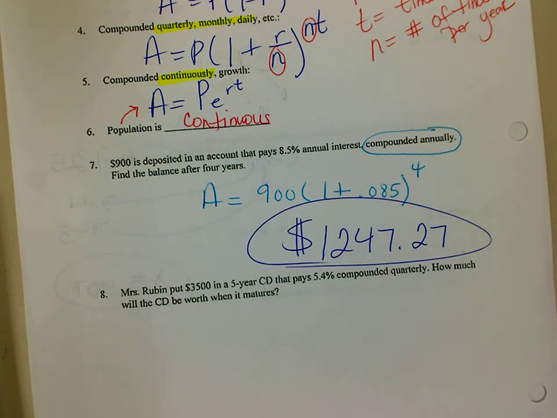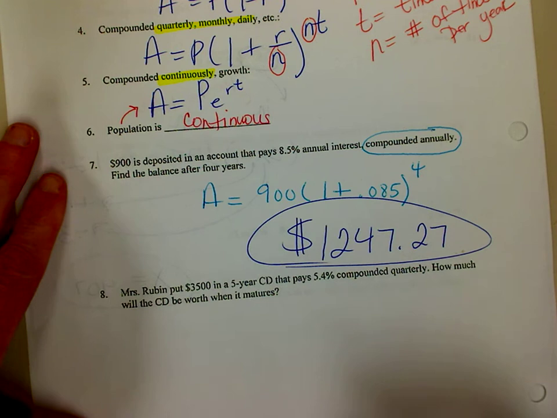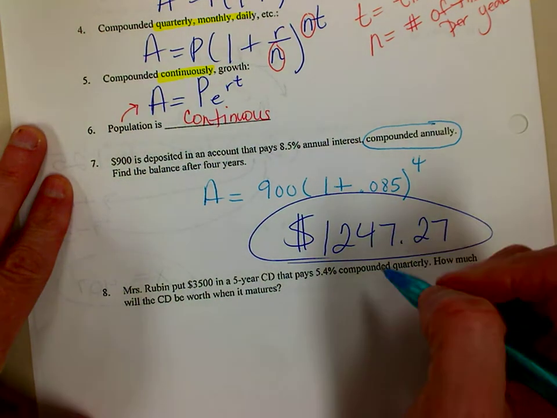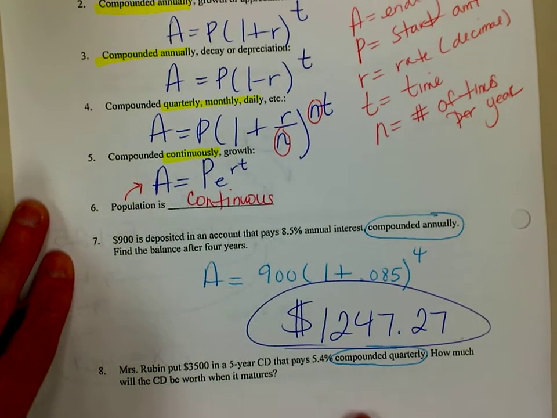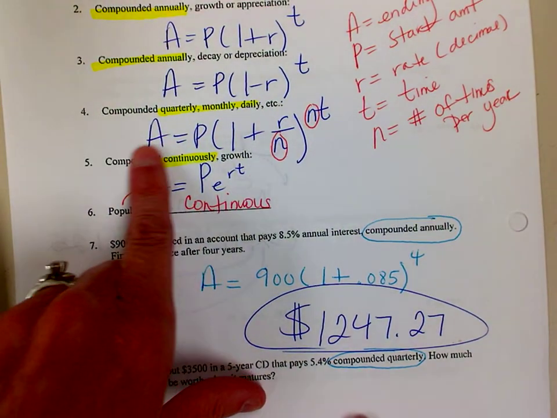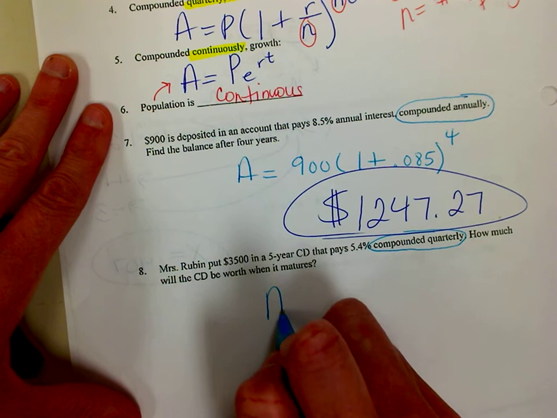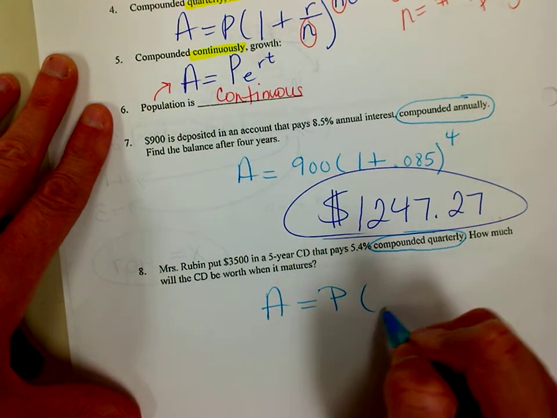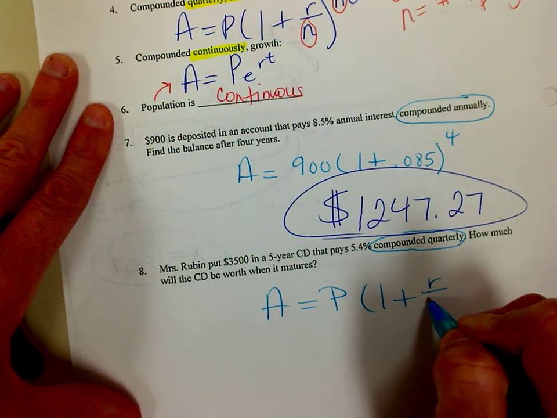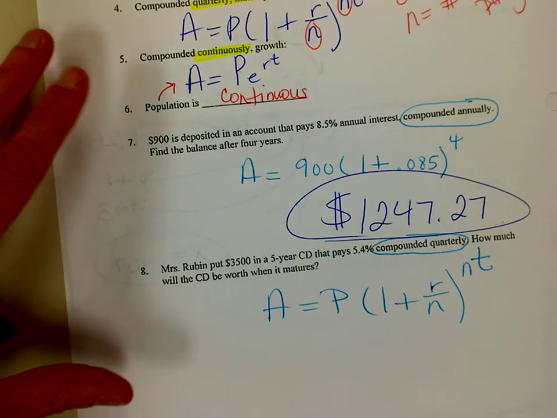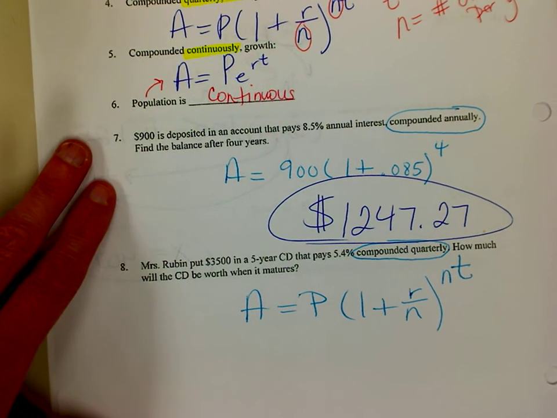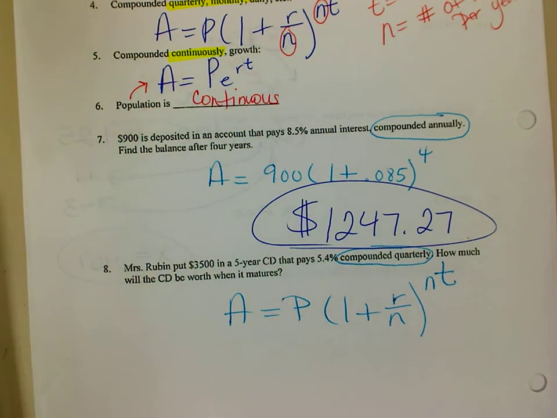All right, the next one, the keyword I see here is compounded quarterly. So I'm going to have to use this one. So I'm going to write down that formula. Okay, so again, I'm not sure what the ending amount is, so I have to find it.